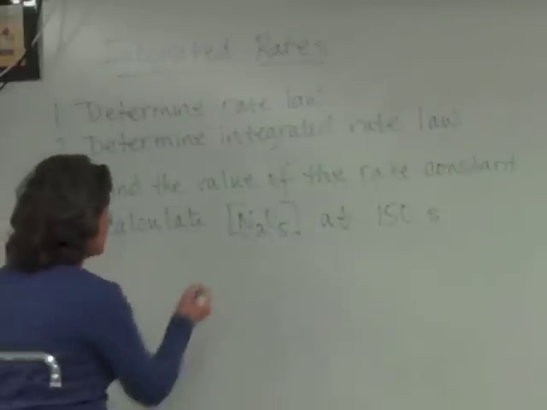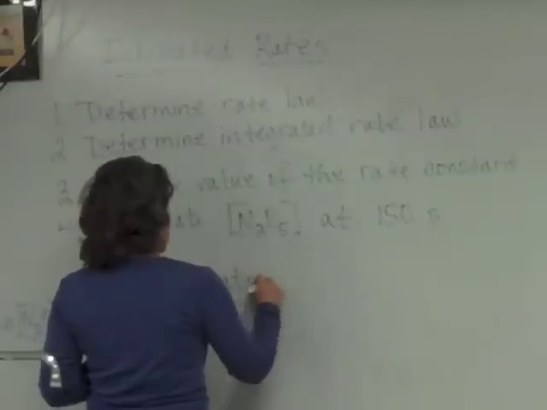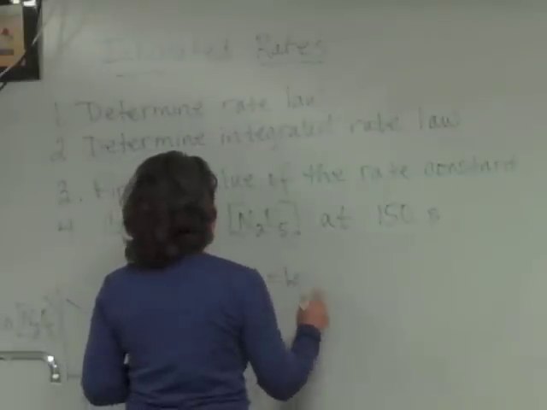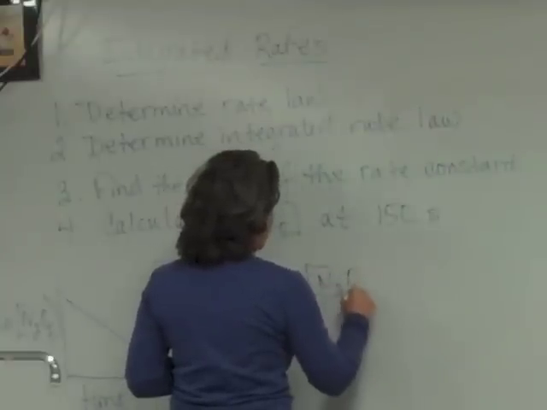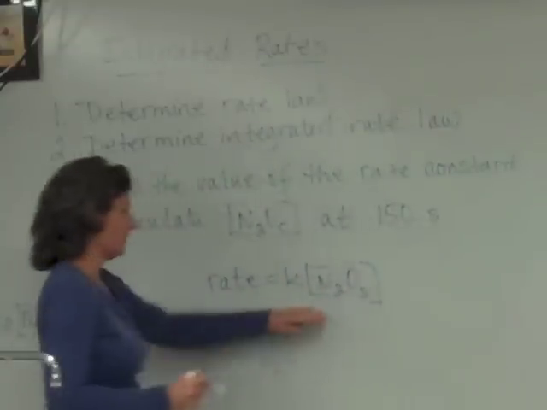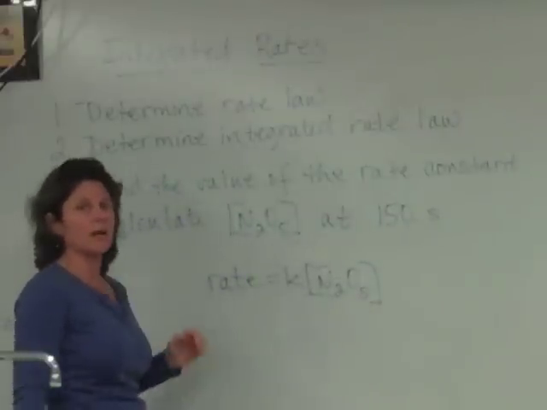It's going to simply be rate equals k times the concentration of N2O5. We're not going to write the 1 there, but we know it's a first order reactant. How do we know?